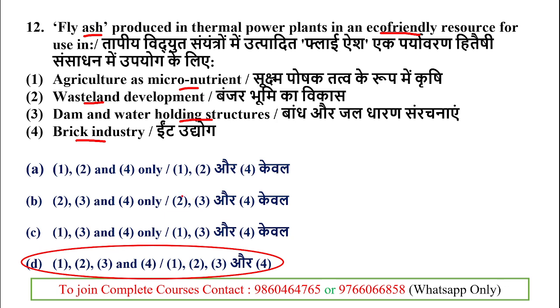The small amount of carbon that remains from incomplete combustion is also there. So these all make pollution from fly ash. But it can be used for the four uses stated in the question, so it does not cause pollution to the environment and becomes an eco-friendly resource.